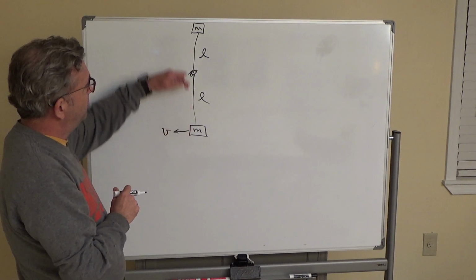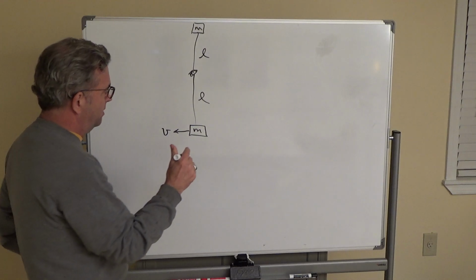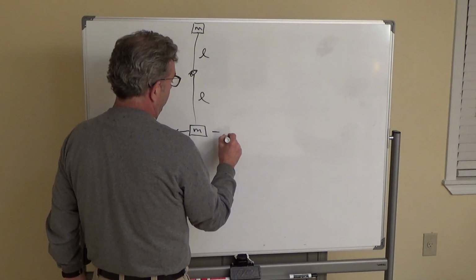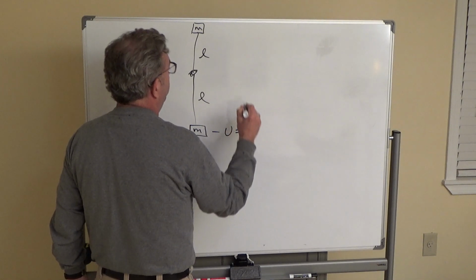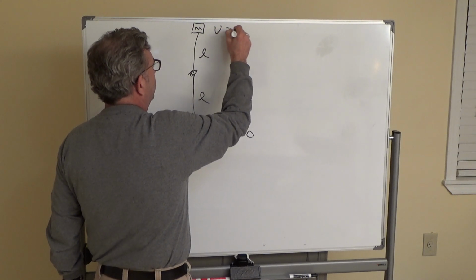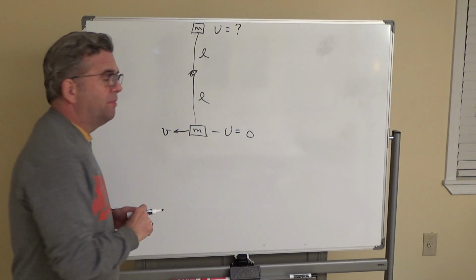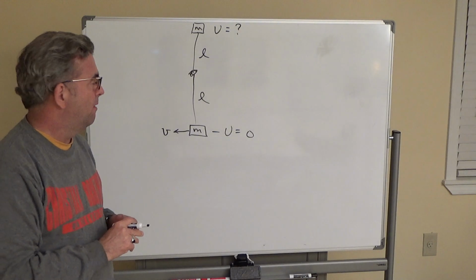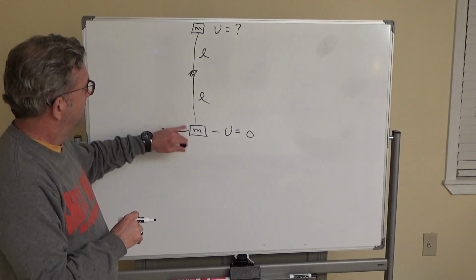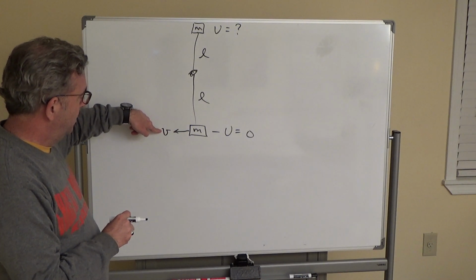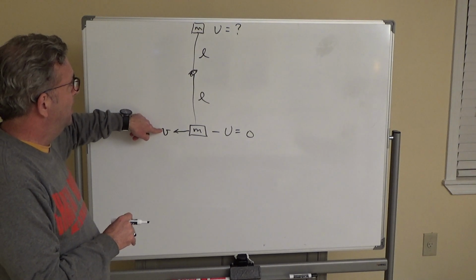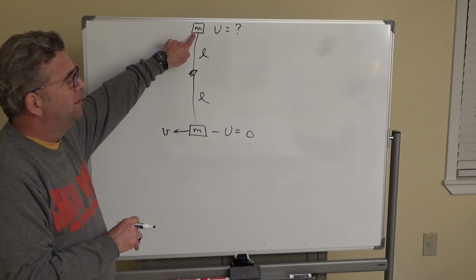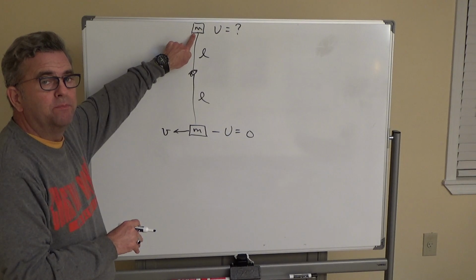All right. So you look at the difference in height, call this the 0, U equals 0, and then you can calculate what the potential energy is up there. From that, you can calculate the initial velocity you would need to reach this potential energy.